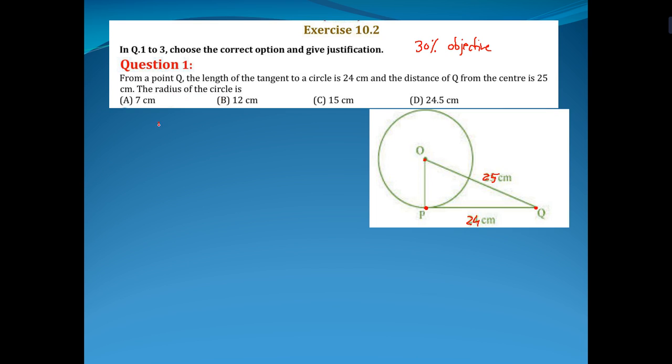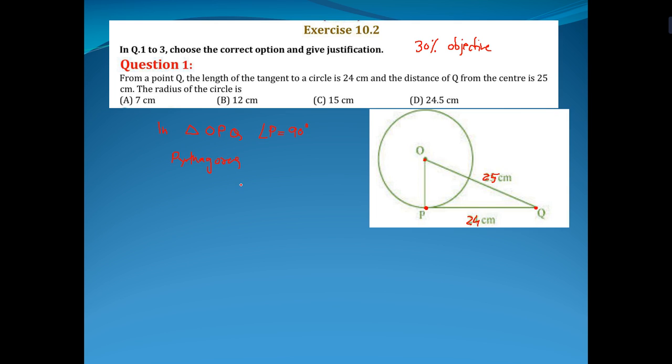So in which triangle is it? It is a right angle triangle. In triangle OPQ, angle P is equal to 90 degree. So we can apply Pythagoras.